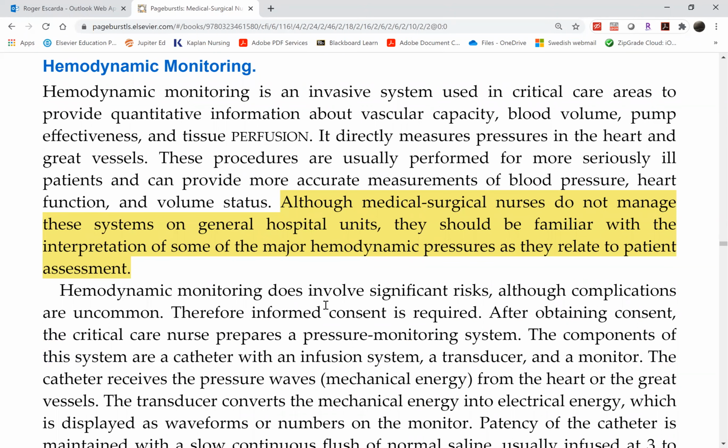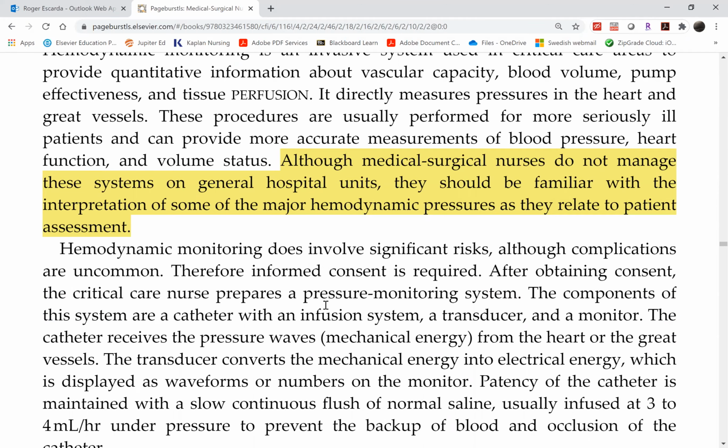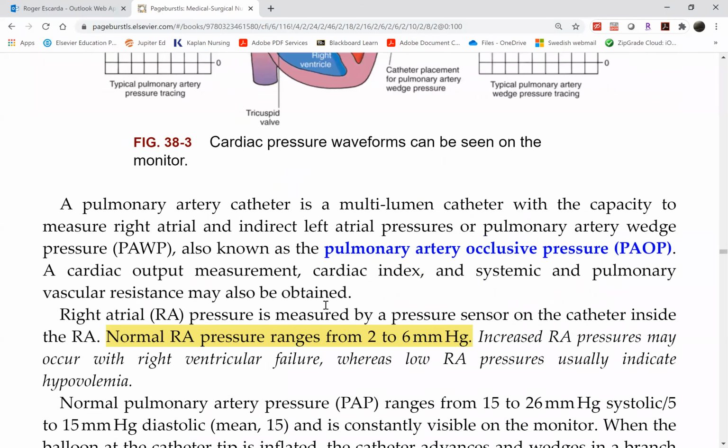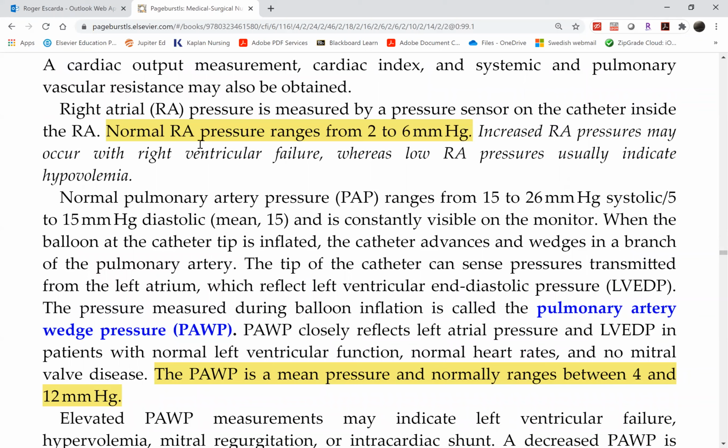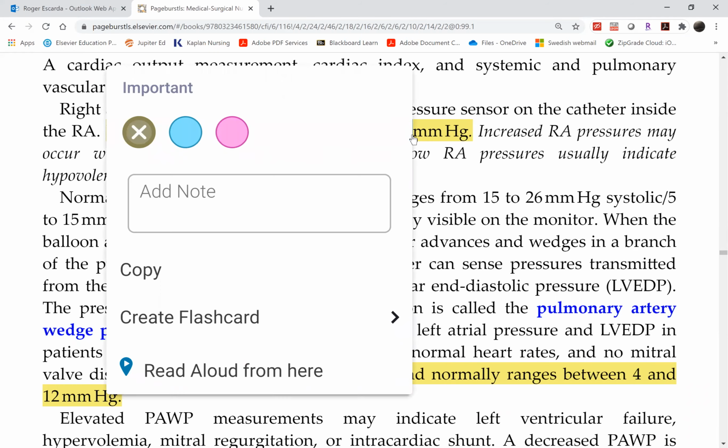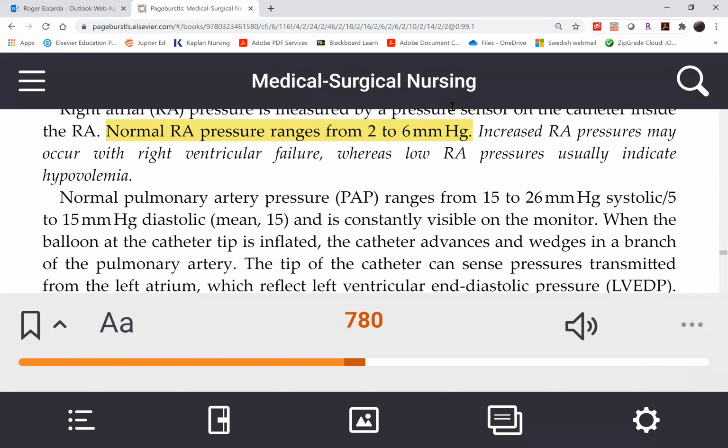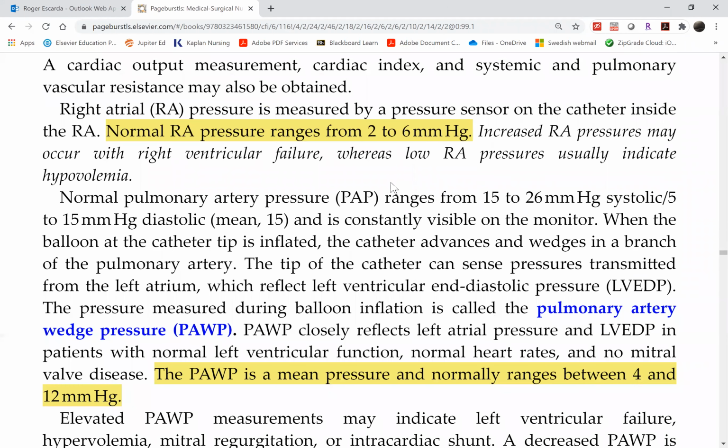Let's review hemodynamic monitoring. So what are the values again? This was discussed in third semester. So right atrial pressure is the right side of the heart. This is your normal range. Please take note that although it's normal, there is no zero. And some of your textbooks might say 1 to 8.